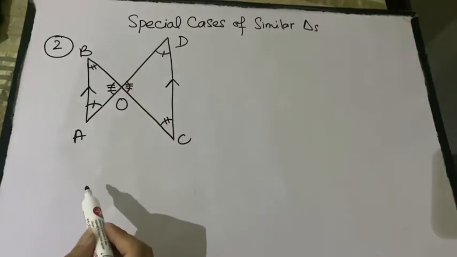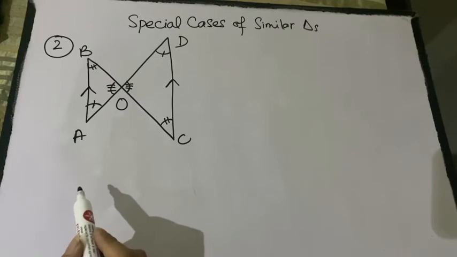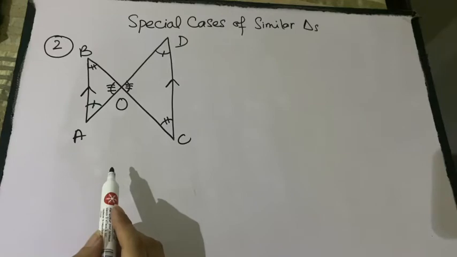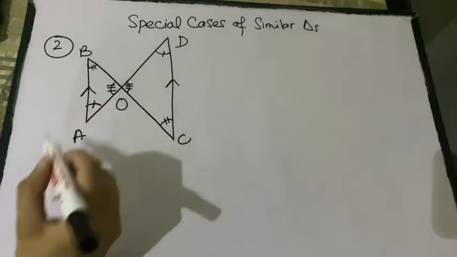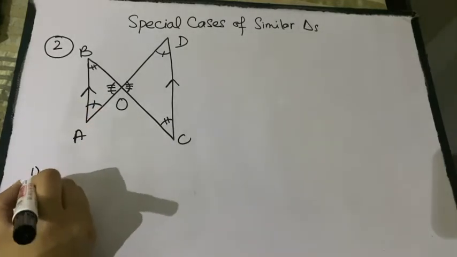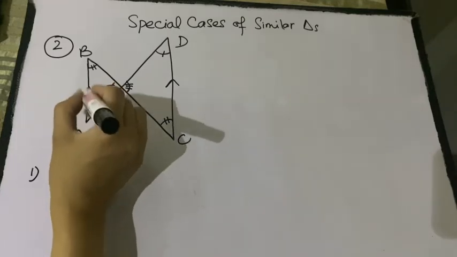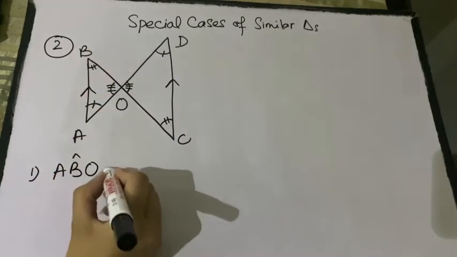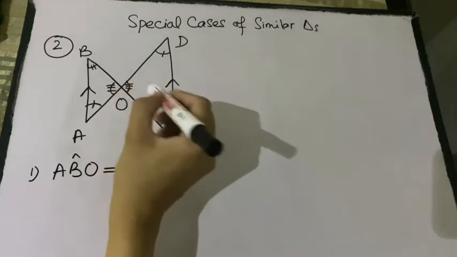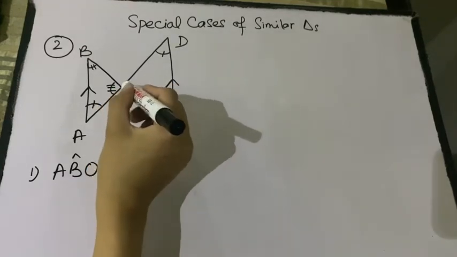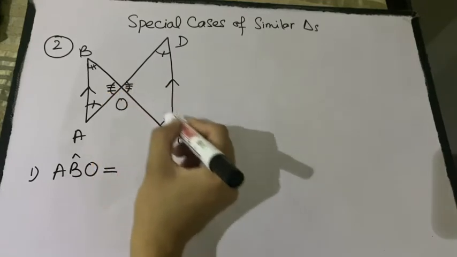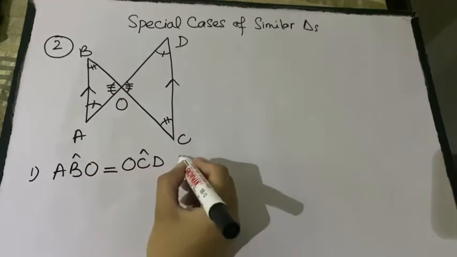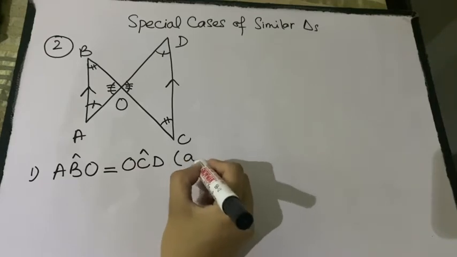So when the question says that you have to explain why these two triangles are similar, or explain how these two triangles are similar, here you are going to write number one, angle ABO is equal to angle OCD. Why? You have to write the reason: alternate angles.